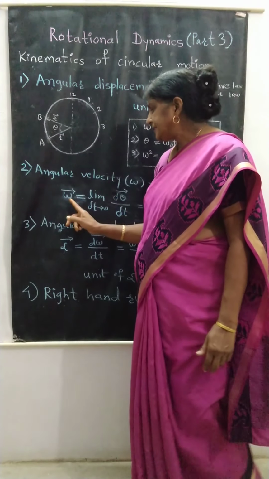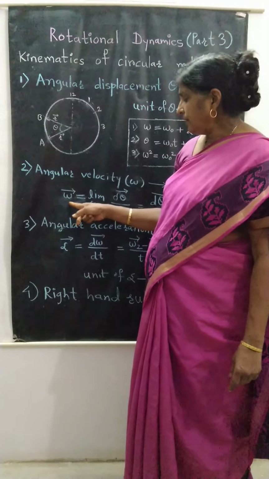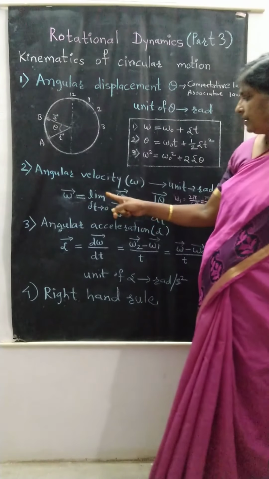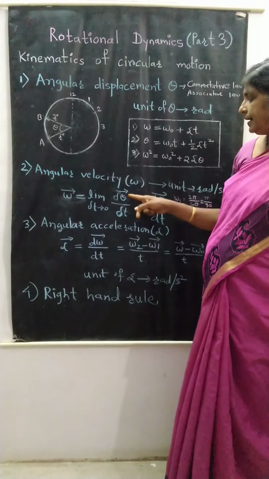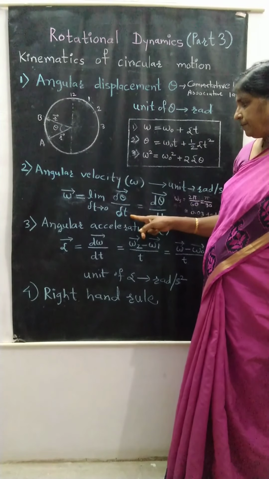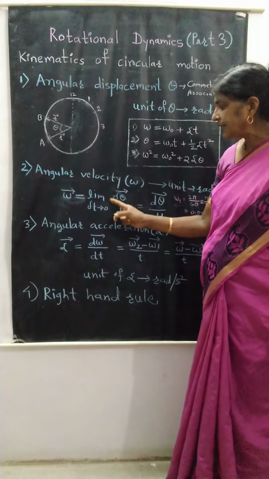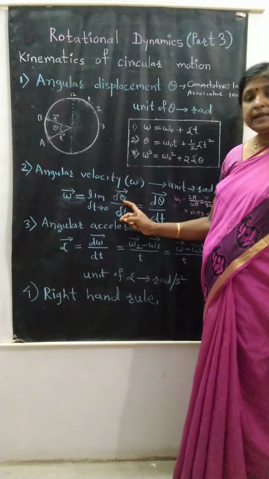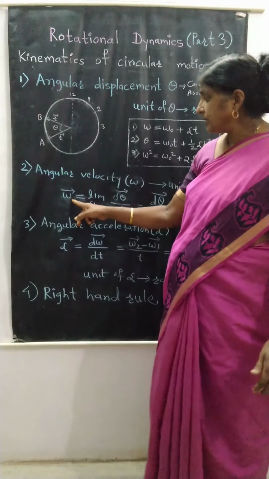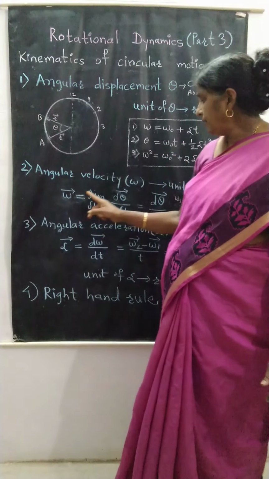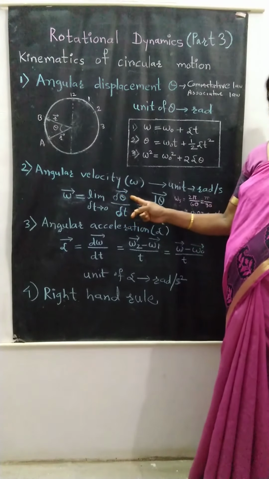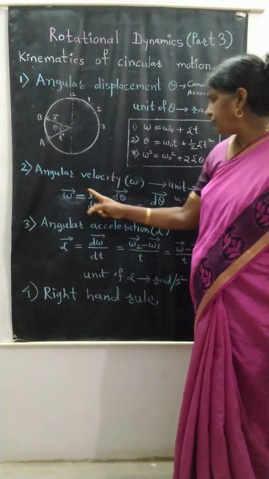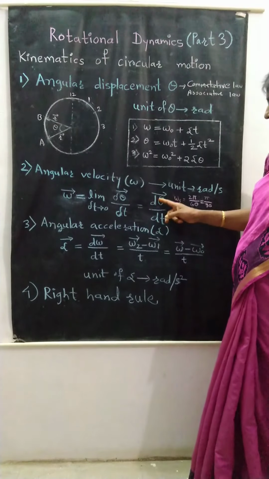The instantaneous angular velocity will be equal to limit delta t tends to 0 of delta theta upon delta t. As delta theta is a vector quantity and delta t is a scalar quantity, the direction of omega will be the same as the direction of delta theta. Further, omega can be shown as equal to d theta upon dt.